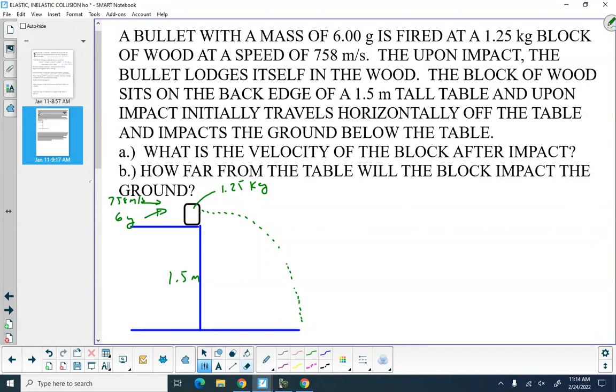Well, the bullet is being shot and lodges itself in the block of wood. So we can classify our collision as perfectly inelastic, or an inelastic collision.